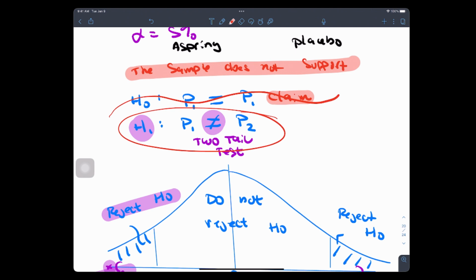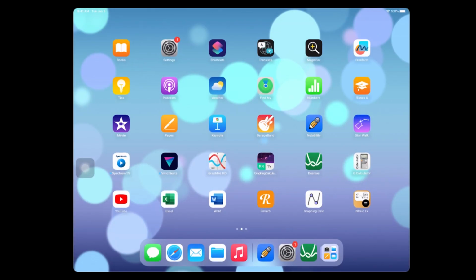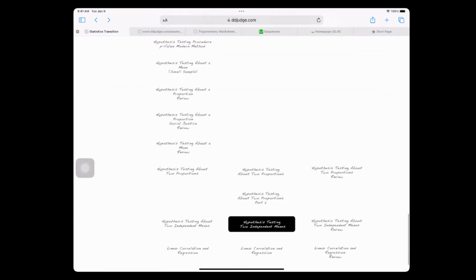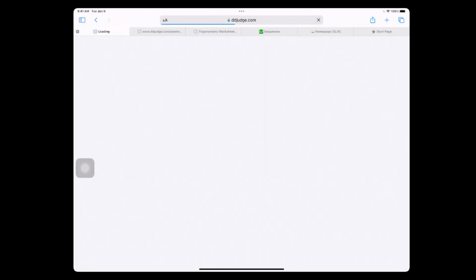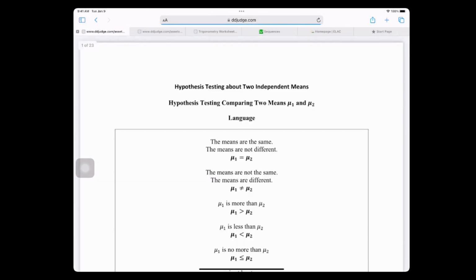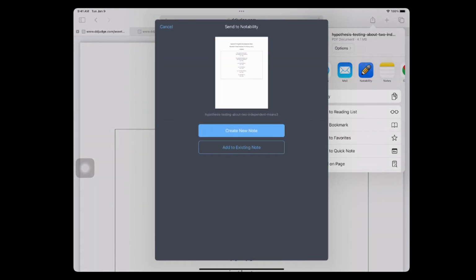All right, ladies and gentlemen. Let me also share with you hypothesis testing about two what means.